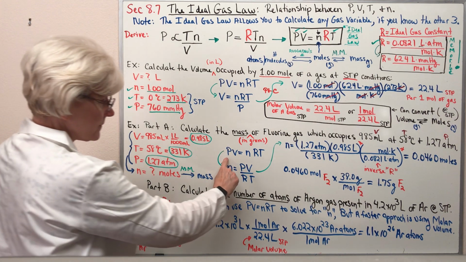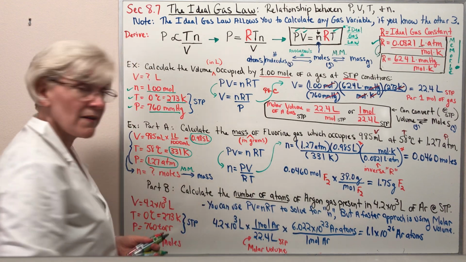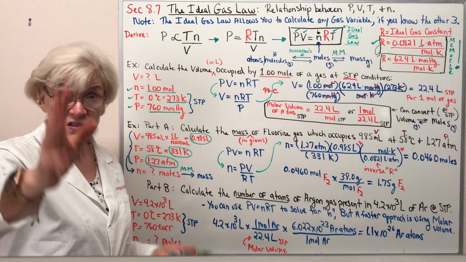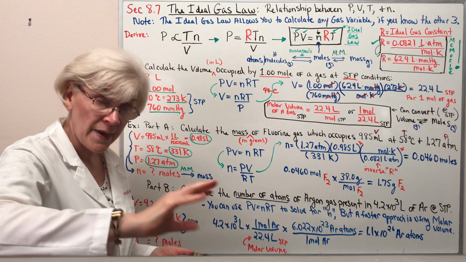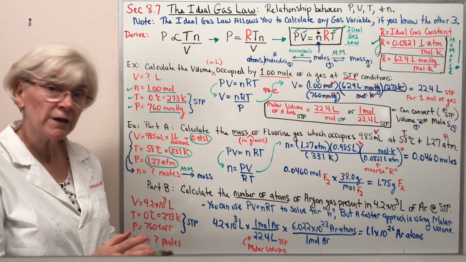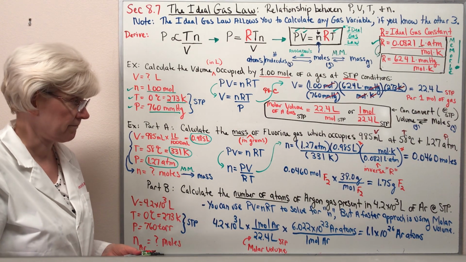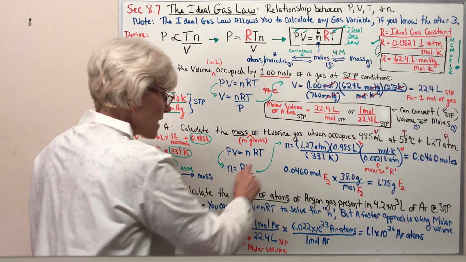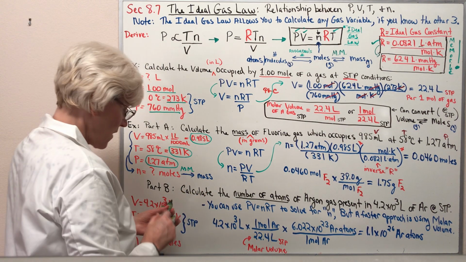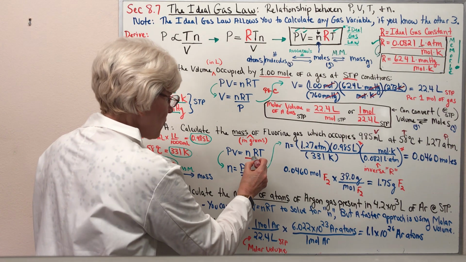So here we go. Here is our ideal gas law equation. And perhaps you want to stop this video, bang this calculation out yourself, and see if you agree with what I am showing here. Ideal gas law, PV equals nRT. We want to solve this equation for moles.